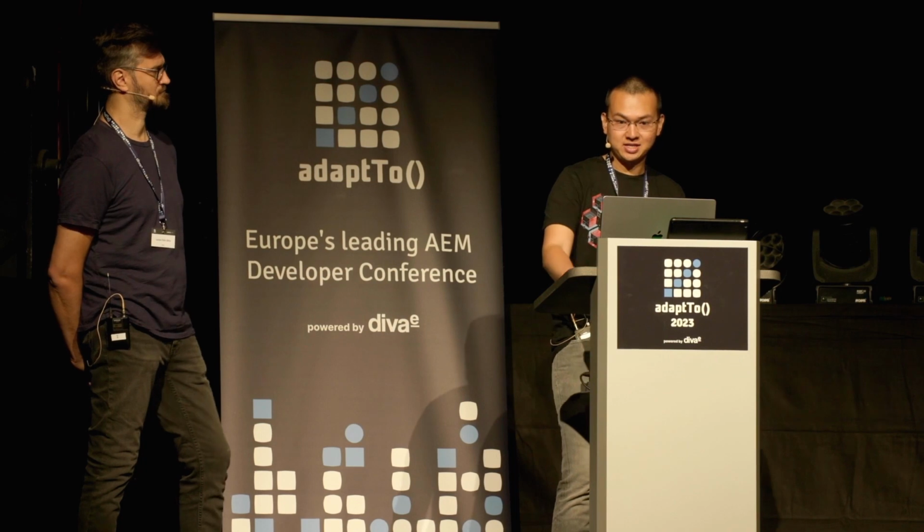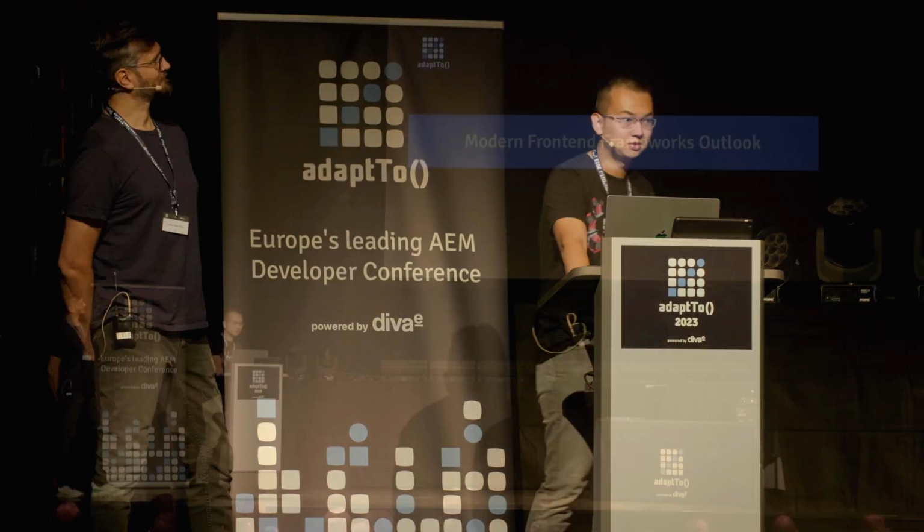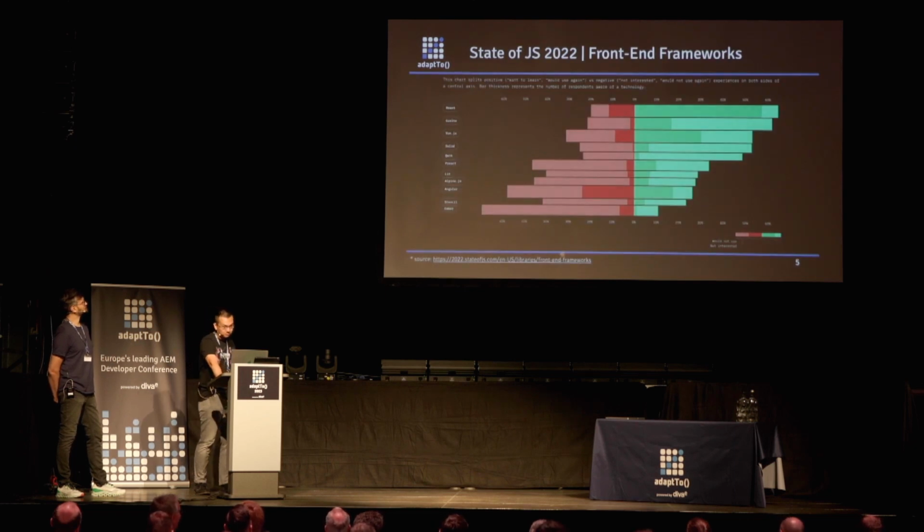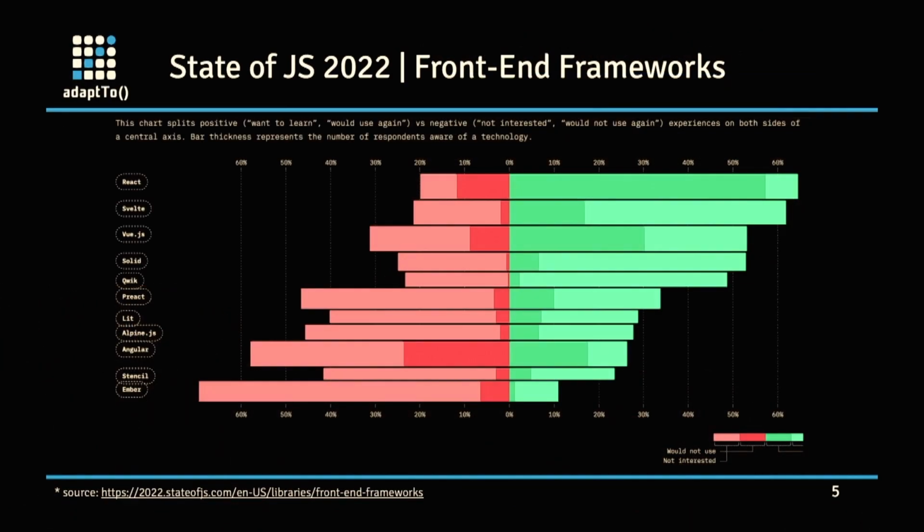All right, first of all, let's have a look at the modern front-end framework landscape in 2023 and beyond. This diagram shows the positive and negative split of popular front-end frameworks among developers. The two red shades mean that people either would not use it or are not interested, and the green means they would use it again or are at least interested to learn.